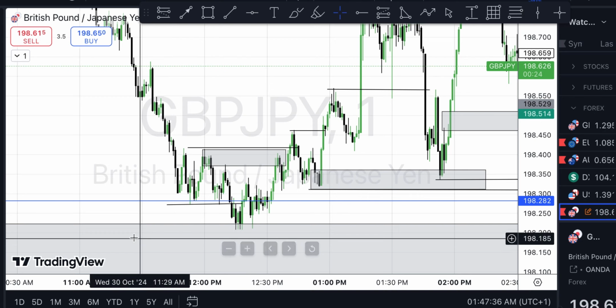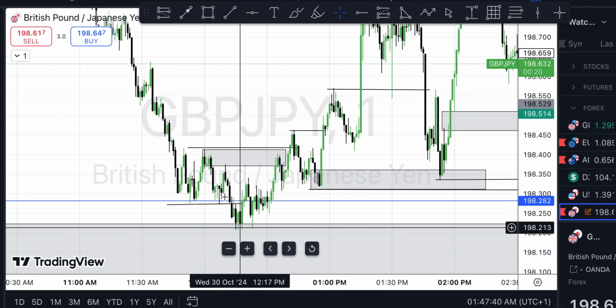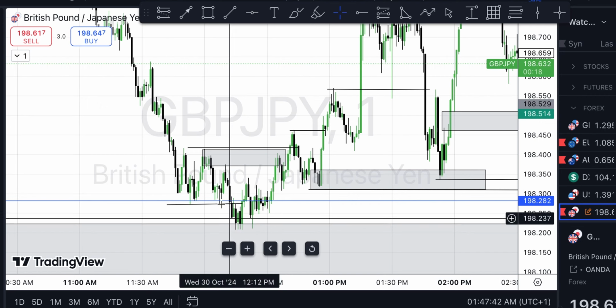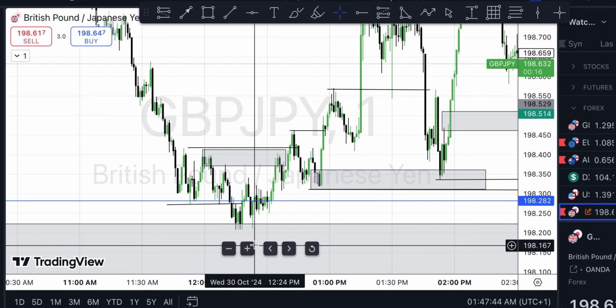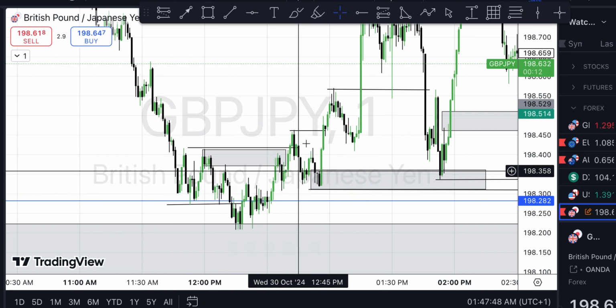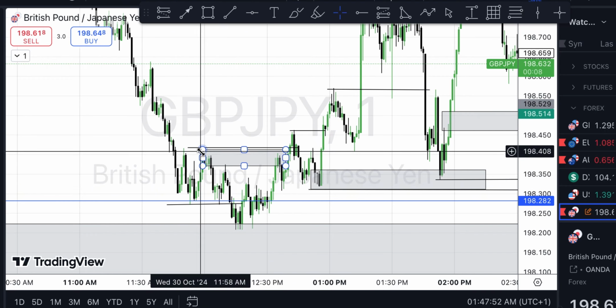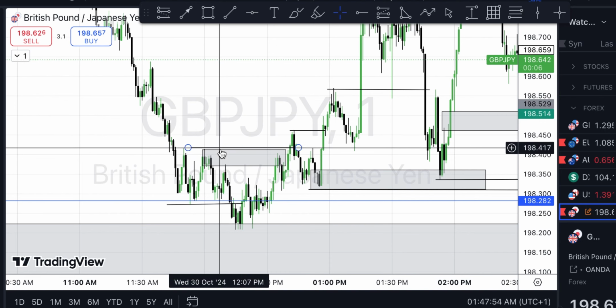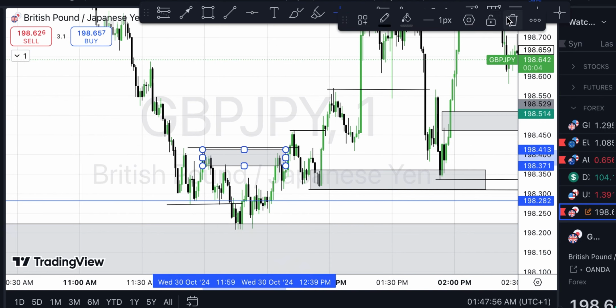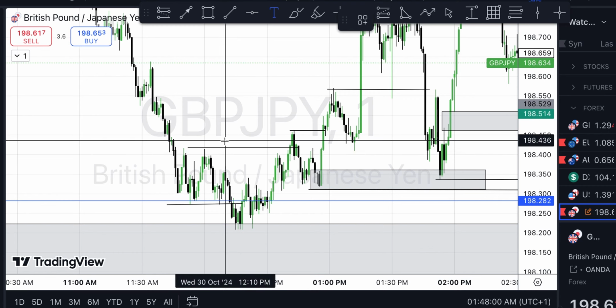Price was selling, so we don't get involved yet because price has gotten to our order block. We wait for confirmation. As long as price keeps breaking structure, we are still bearish. So what I want to see is price taking out the low, which is now a liquidity run, then price will retrace and break this previous high, making it a market structure shift.